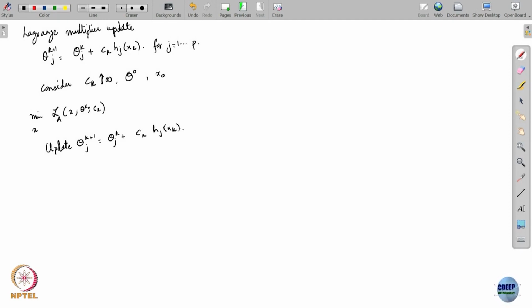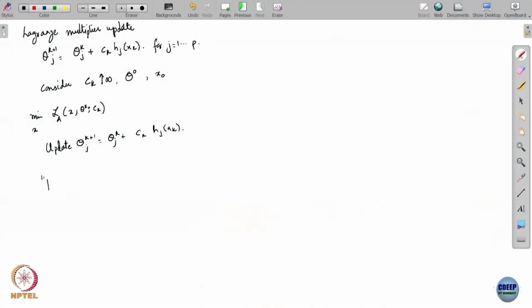So, what one is doing effectively is increasing the penalty parameter and simultaneously adjusting the primal and the dual variables. This sort of a method is an example of a primal dual method.